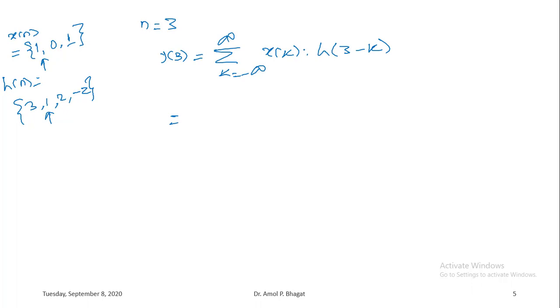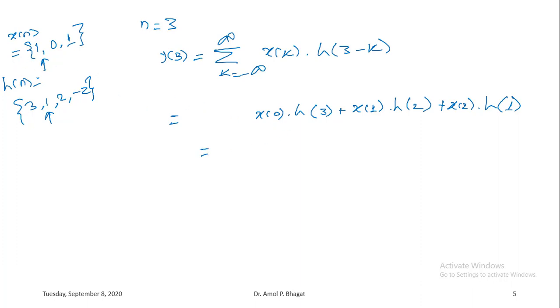If I substitute values of k here, it will be x of 0 into h of 3, plus x of 1 into h of 2, plus x of 2 into h of 1. And x of 3 is not present in the given sequence, so this will be 0. Similarly x of minus 1 is not present, so again it will be 0.